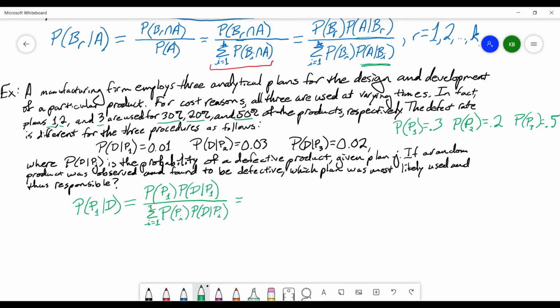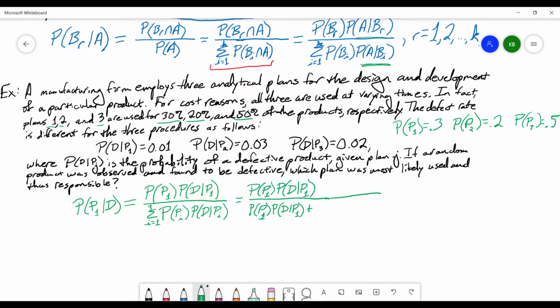So if I write this out, I'm going to have the probability of plan 1 being used times the probability of defective given that plan 1 was used in my numerator. And in my denominator, I will have the probability that plan 1 was used times the probability of defective given that plan 1 was used. So that's plugging 1 in for i. And then my summation notation tells me I need to add.